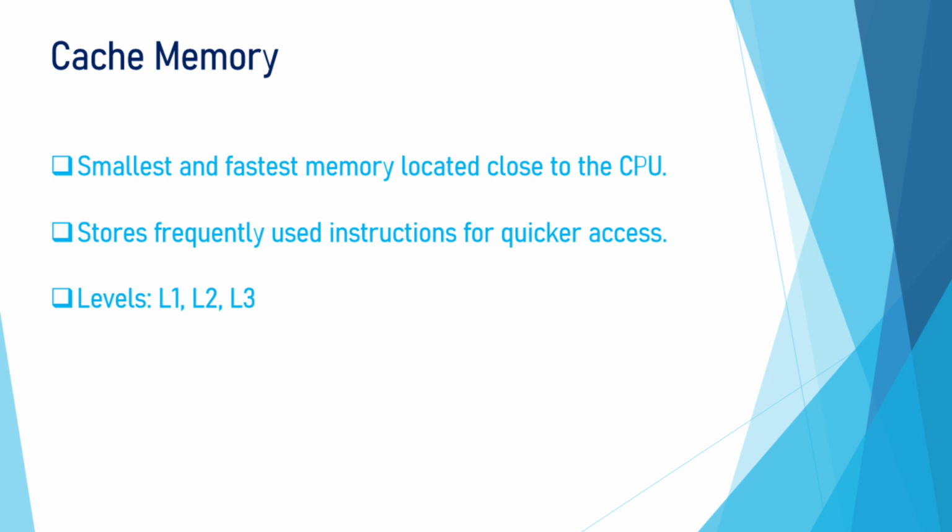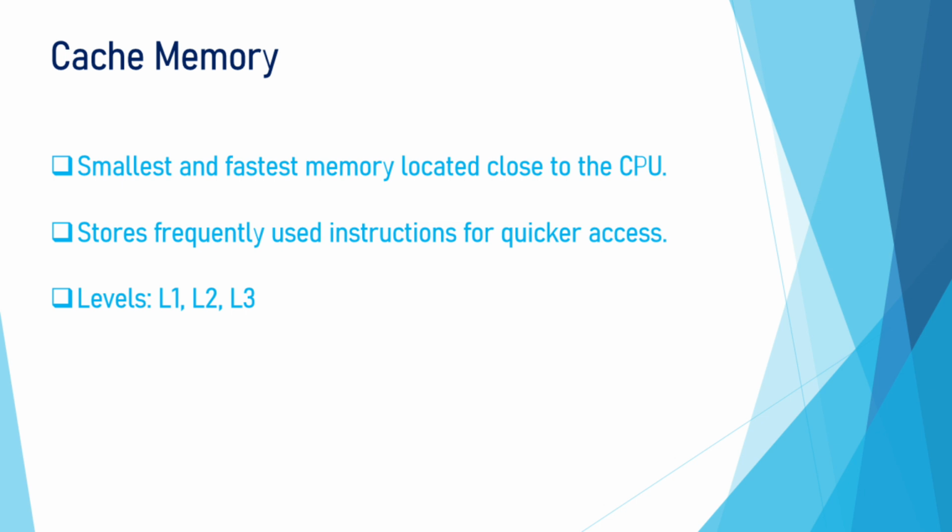Such frequent instructions are stored in the cache memory, which is very close to the CPU. This significantly improves the speed of the computer because it doesn't have to communicate with the RAM again and again.